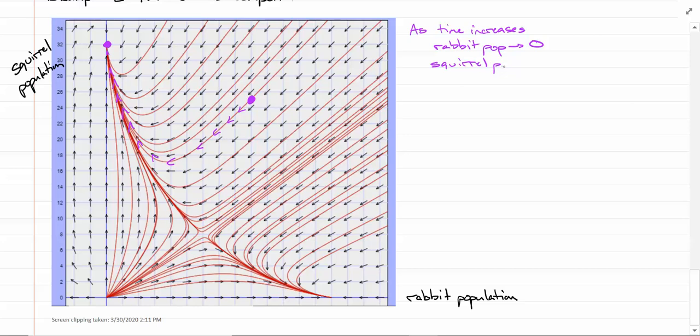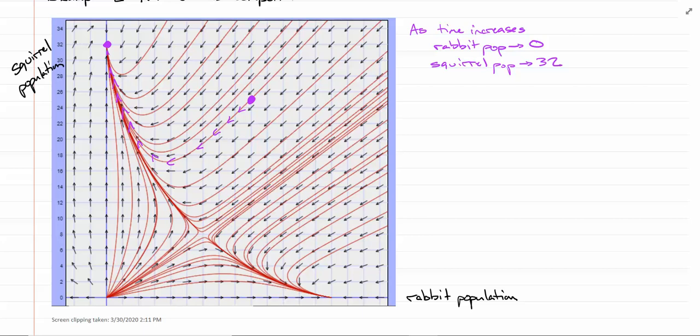The squirrel population is approaching 32. Okay, that's a bad deal for the rabbits, right? In other words, the rabbits are dying out, the squirrel population stabilizing. In other words, the squirrels have won this competition.